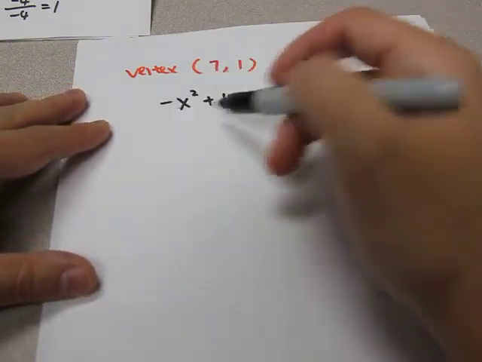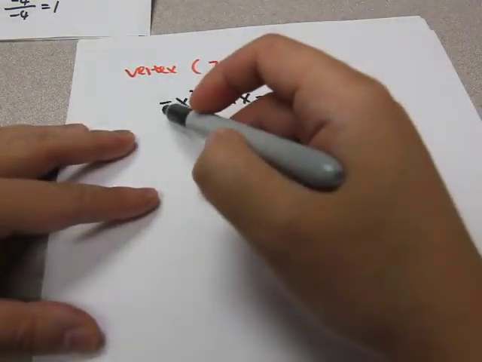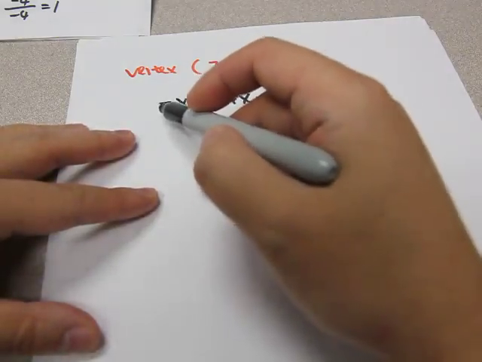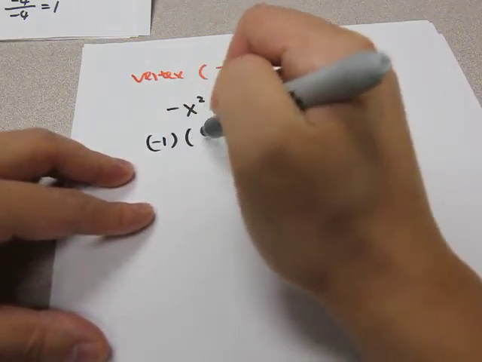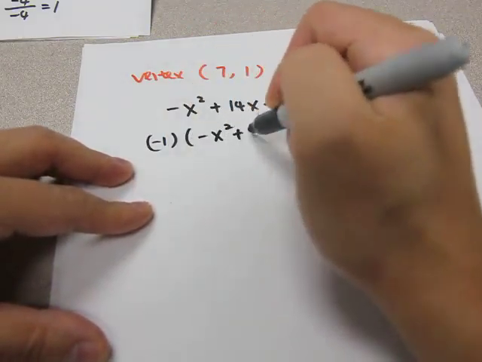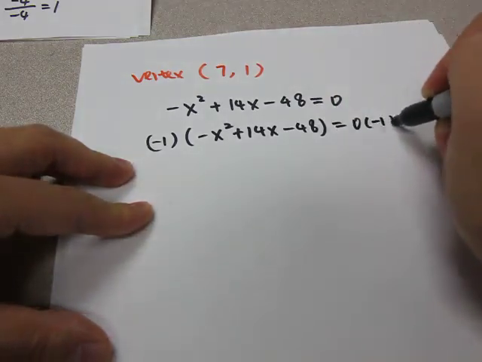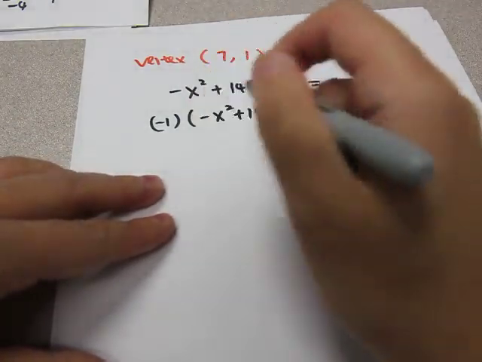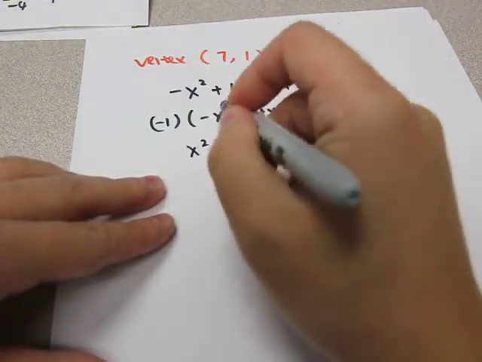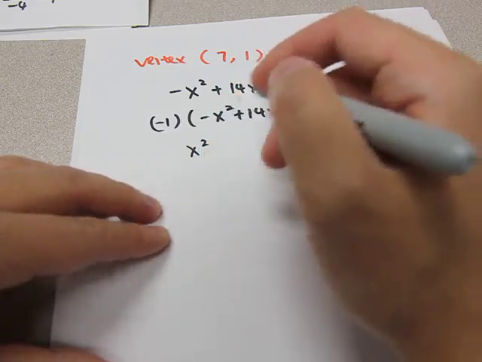So first, I multiply both sides by -1. This is because we don't really like a negative x squared. So if I multiply both sides by -1, first I don't change the equation, okay? But I will change the coefficient of x squared into +1.